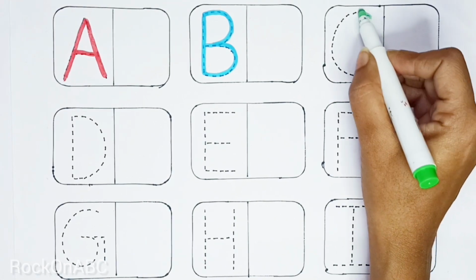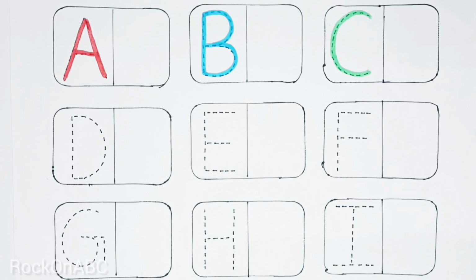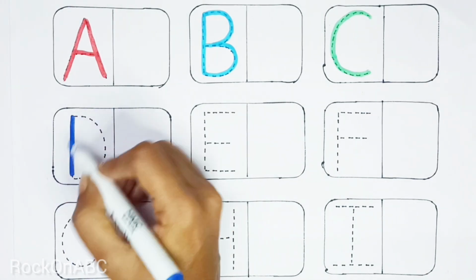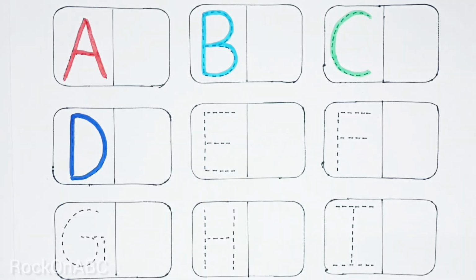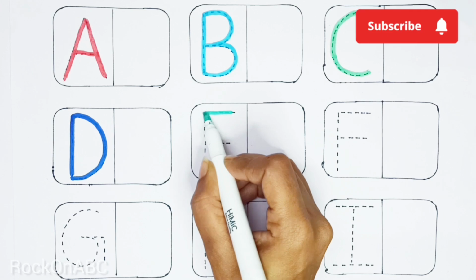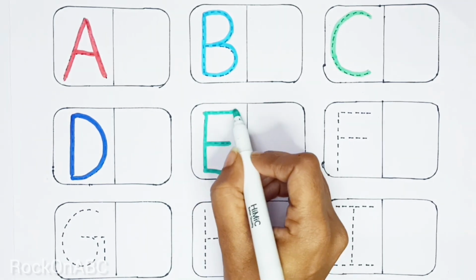Green color C. C for cat. Dark blue color D. D for drum. Dark green color E. E for elephant.